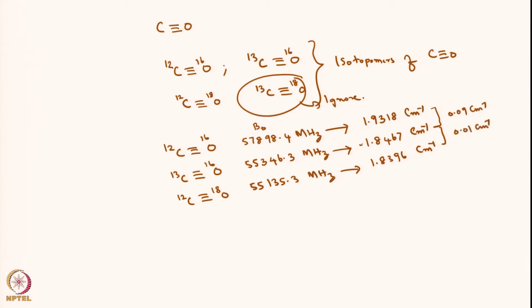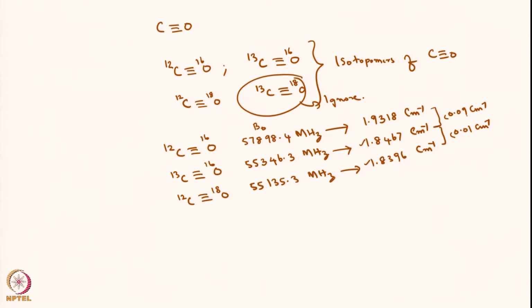Now if I have to distinguish between these, then the resolution of my spectrometer should be better than 0.01 centimeter inverse, or at least half of that, or for the other, 0.09 centimeter inverse.